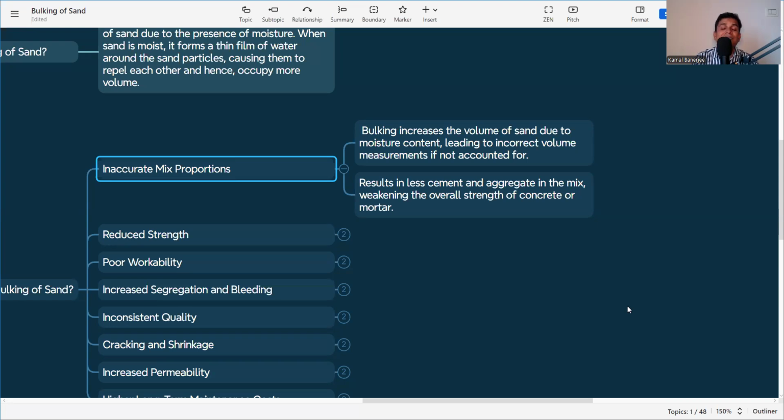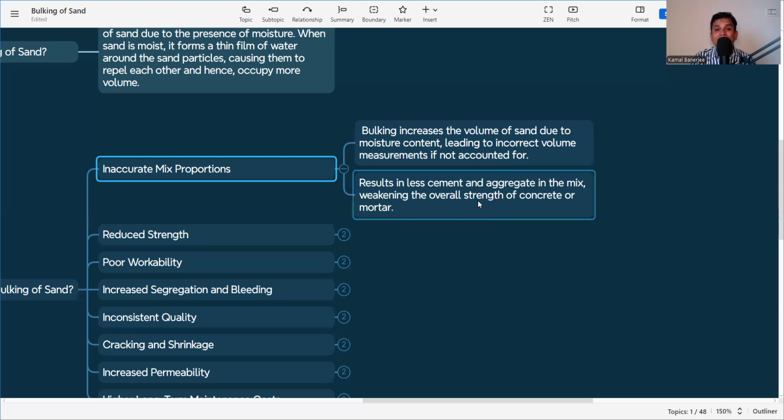As already discussed, if this is a volume mix and I need 20 cubic meters of sand, I measure it, but actually I will get 18 or 17 cubic meters, as per the condition. The other 2 or 3 cubic meters will be moisture. So we will get less sand.